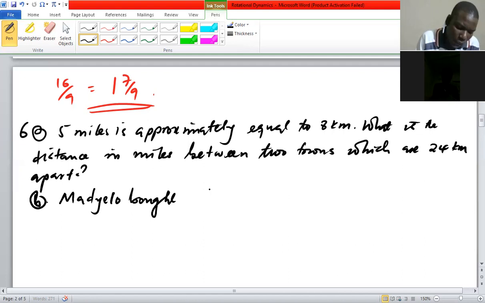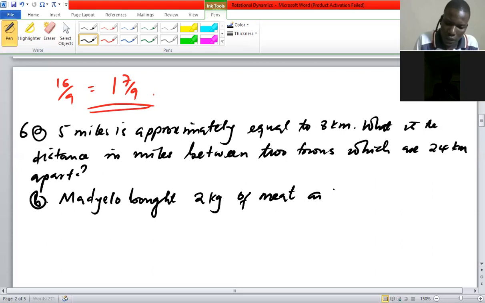Majero bought 2 kg of meat and 800 grams of carpenter.